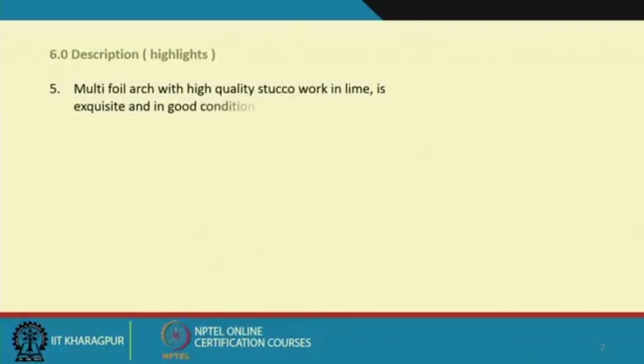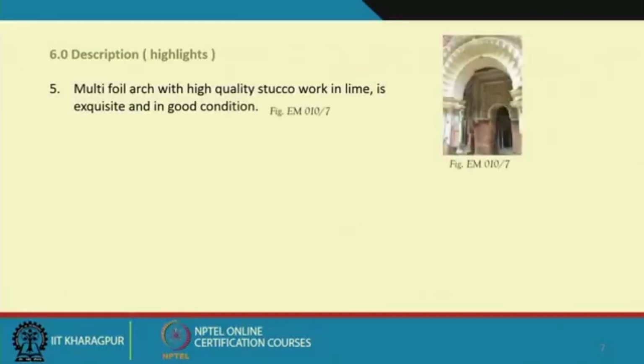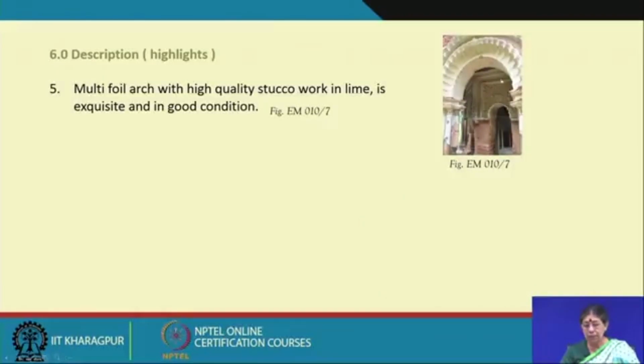And we can go on, there can be many other documents. So, we have to clearly identify in the description, and we will continue with the description highlights. Like the multifold arch with high quality stucco work in lime, which is exquisite and in good condition. There are certain things, but this type of work is very typical of that time, it is very extraordinary work.